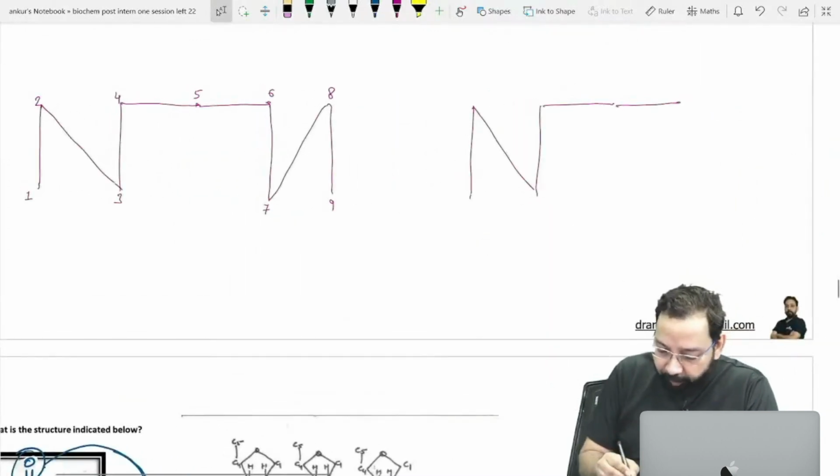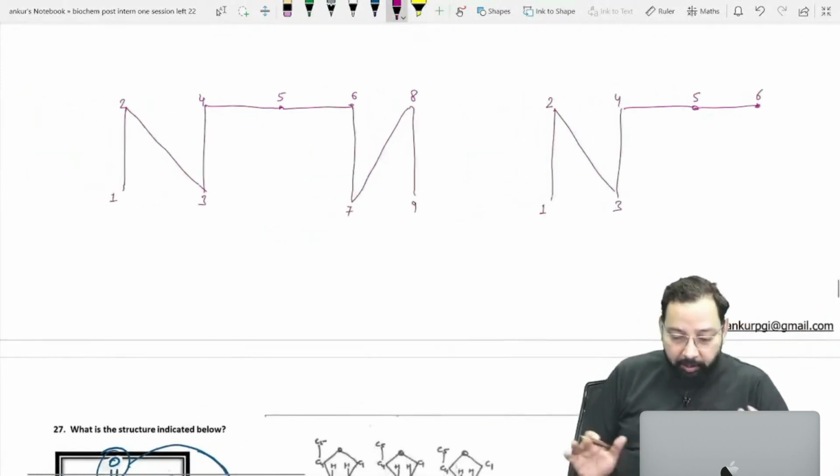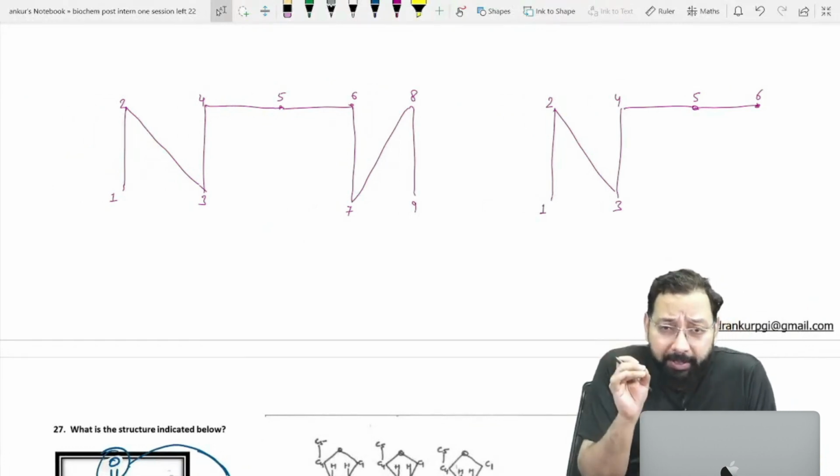This is first, second, third, fourth, fifth, sixth, seventh, eighth, ninth. Then first, second, third, fourth, fifth, sixth. So now the purine ring is having 9 atoms, the pyrimidine ring is having 6 atoms.